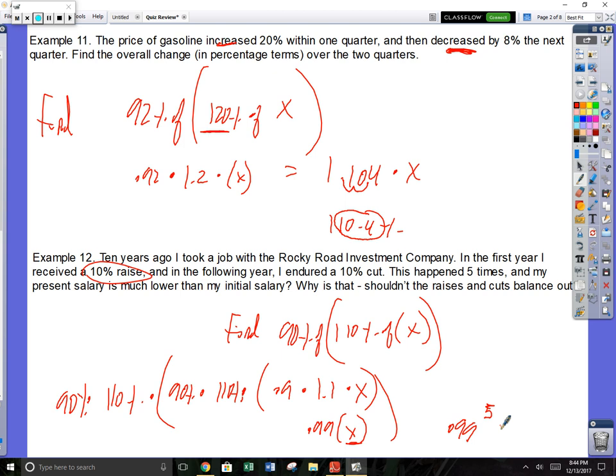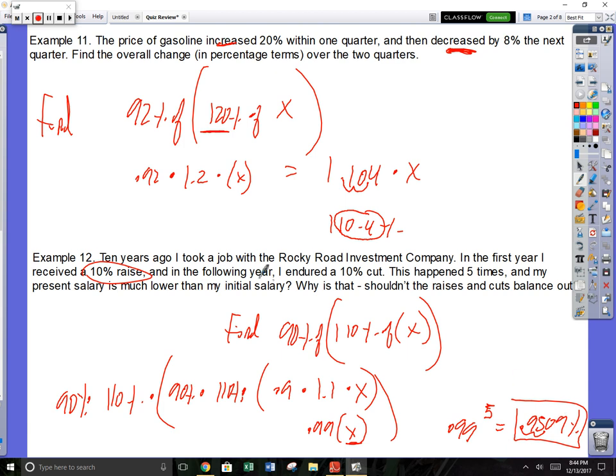So 0.99 to the 5th is actually 0.9509. So now I am at 95% of my original salary.